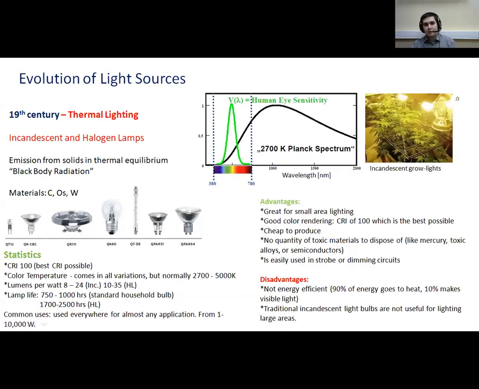So, the first very successful electrical light source is the incandescent lamp. It's really famous. It's been around for more than 150 years. They played a major role in the electrification of many countries. Today, incandescent lamps produce light by the electrical heating of a metal wire. This wire can be a tungsten filament.